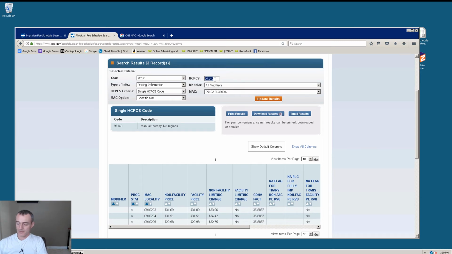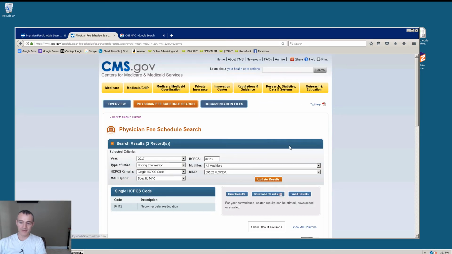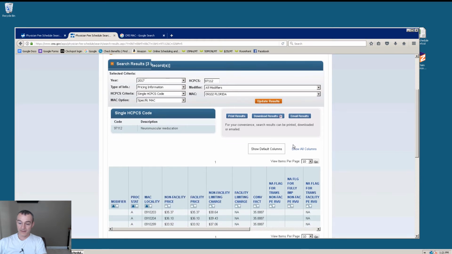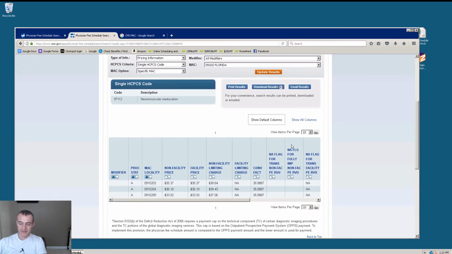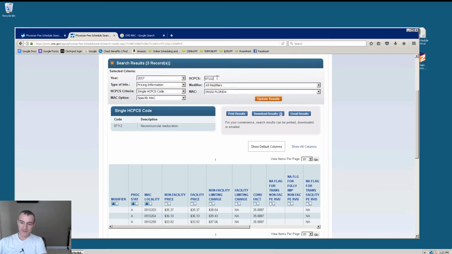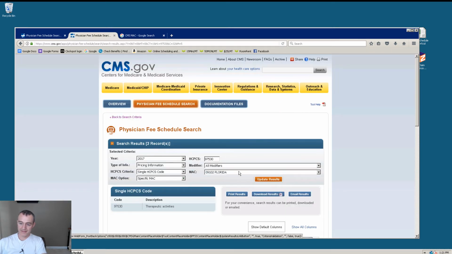If you're doing more neuro rehab, we'll do a quick search here, and then I'll just jump on another state just for comparison. Neuro rehab jumps up to 35, higher than therapeutic exercise. Let's do one more. 97530, looking at therapeutic activity.